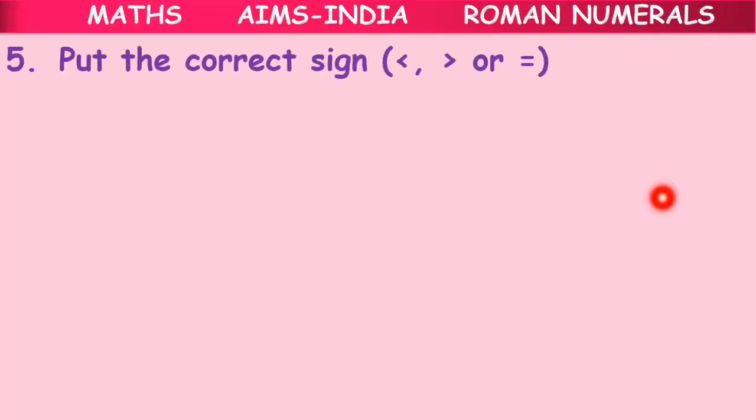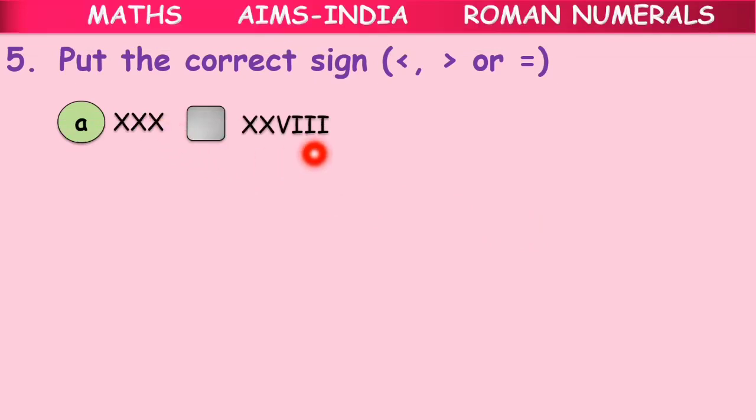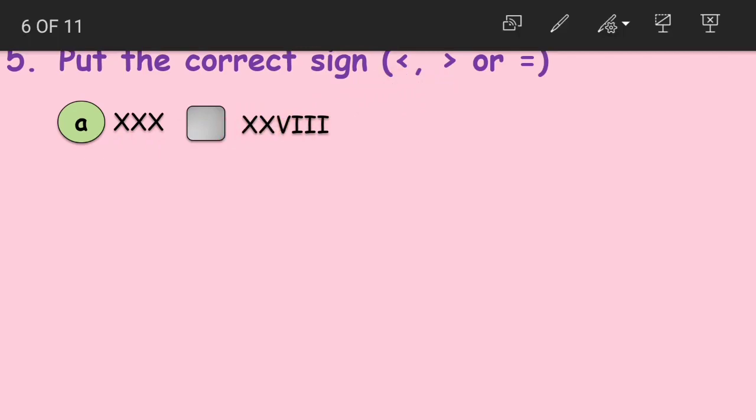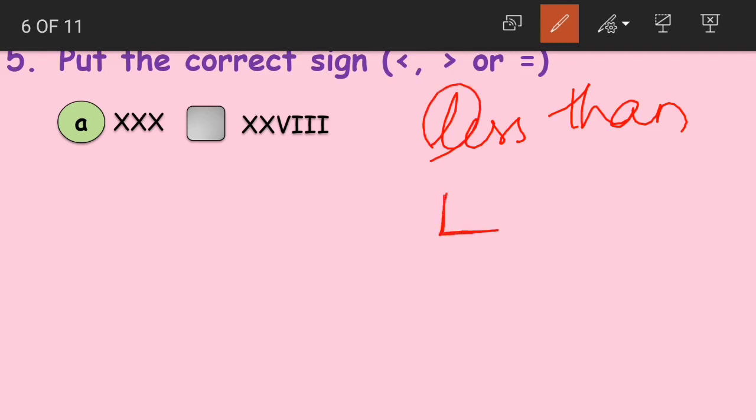Next, put the correct sign less than, greater than or equal to. Now here we have two Roman numerals and we have to compare both and put the correct sign. One way to remember these signs: less than starts with the letter L. Now among these two symbols, which symbol looks like the letter L?